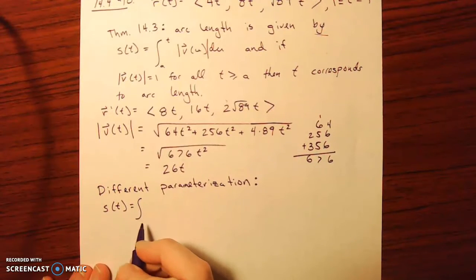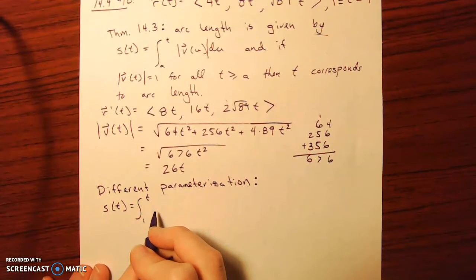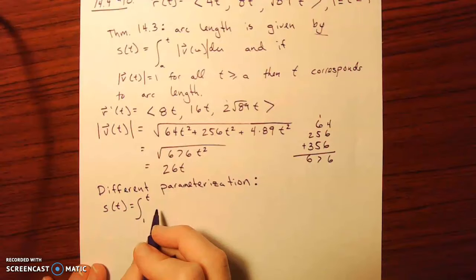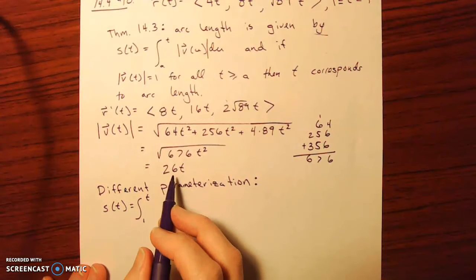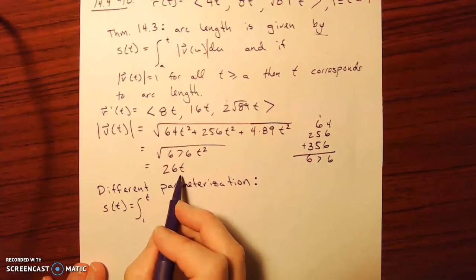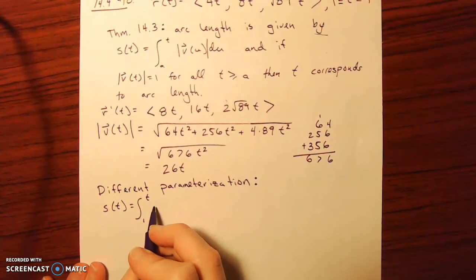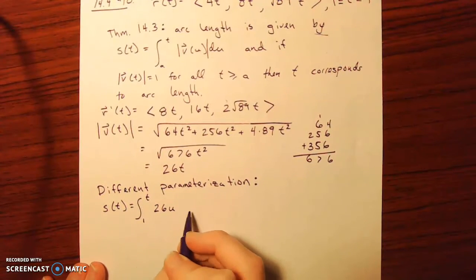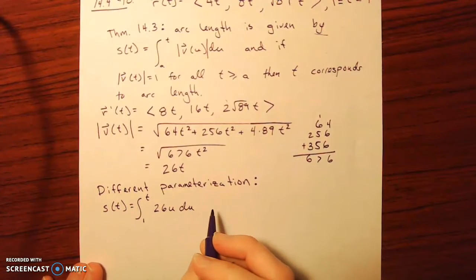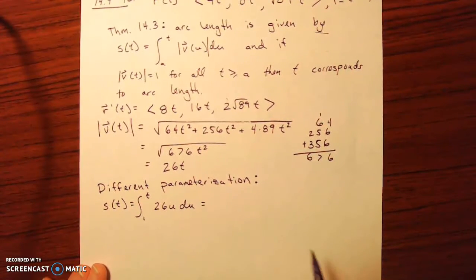In this case, t started at 1, so it'd go from 1 to t of the magnitude of v of u. Our magnitude of v is 26t, but with the dummy variable u, that would be 26u du. And let's just go ahead and evaluate that.